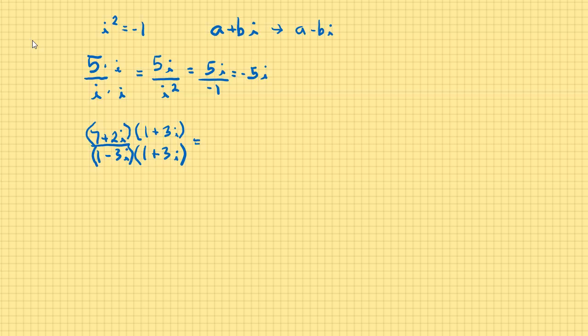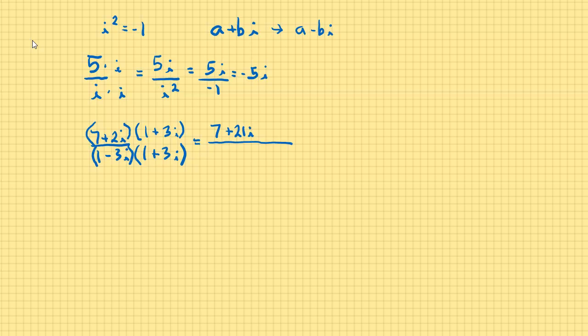Okay, so let's go ahead and do this. In the numerator, I'm going to use FOIL. So 7 times 1 is 7. 7 times 3i is 21i, so that's plus 21i.